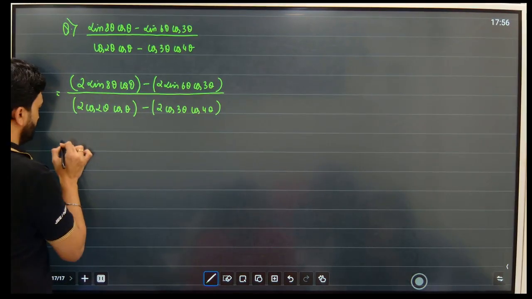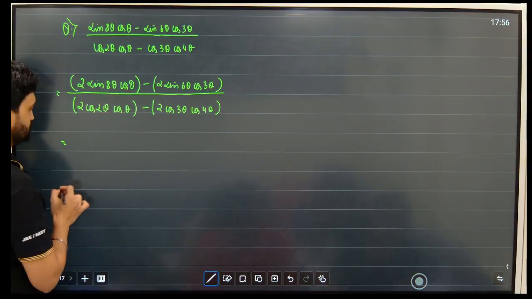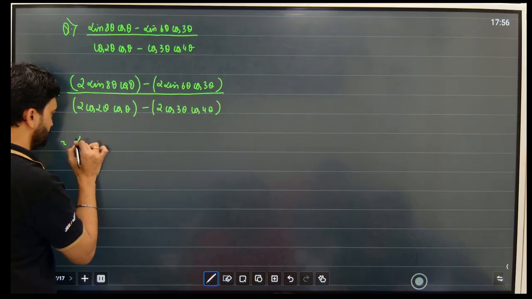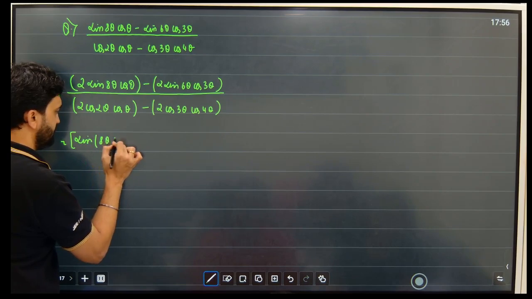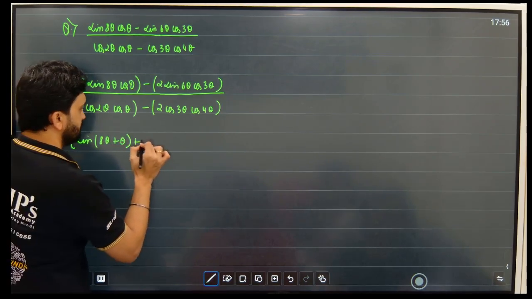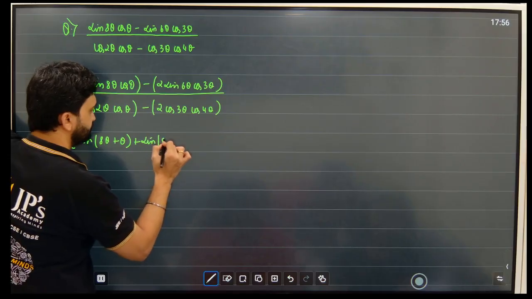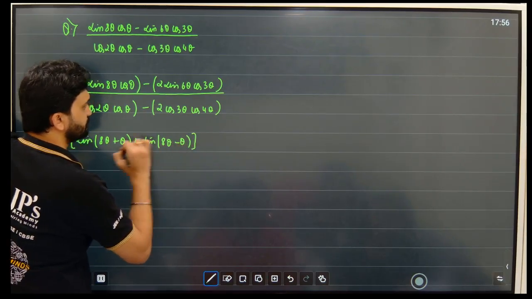And now when I use the formula 2 sine A cos B, the first bracket will become sine A plus B plus sine A minus B.